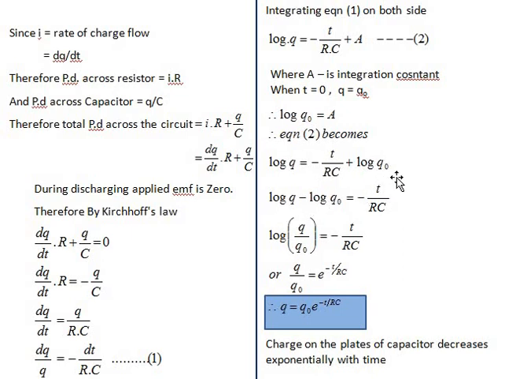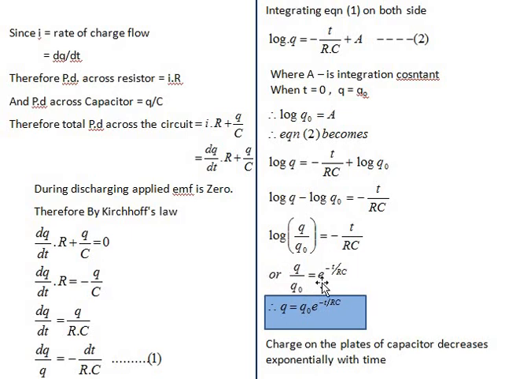Just take log Q naught to the left-hand side: log Q - log Q naught = -t/RC. Since log A - log B = log(A/B), we apply that relation here, so log(Q/Q naught) = -t/RC, or Q/Q naught = e^(-t/RC).